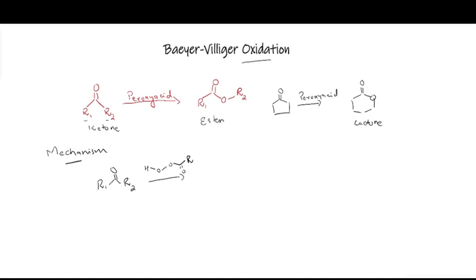And because it can act as an acid, the oxygen of the ketone will first be protonated, and this protonation actually activates this carbonyl carbon, or the carbonyl group, in other words, and we have the formation of this peroxyanion.